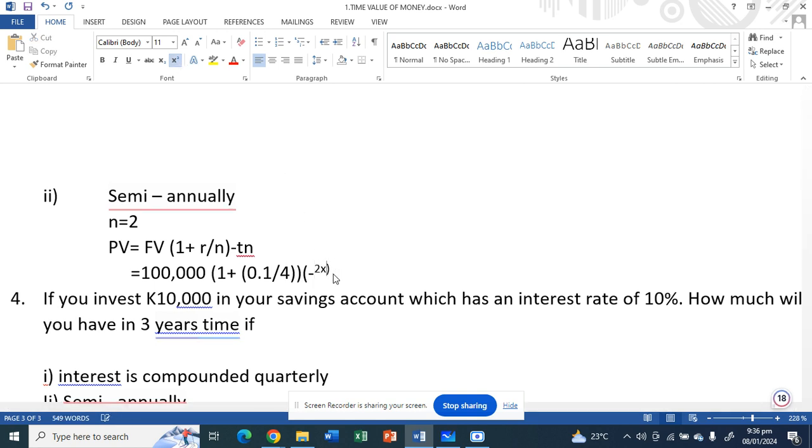So here it will be negative 2 times 2 for the number of compoundings multiplied by the time. Then here our interest rate divided by 2.